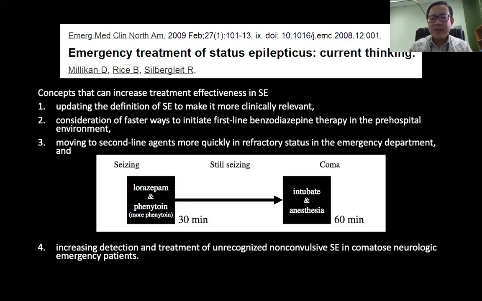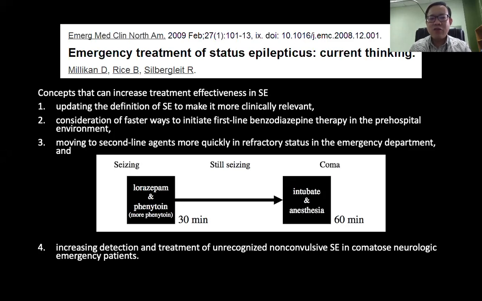So what it means is that when a patient comes in with status epilepticus, you give diazepam and at the same time quickly prepare phenytoin and give phenytoin at the same time. As I said just now, phenytoin takes about 20 to 30 minutes to complete the infusion. So by 30 minutes, you will have already completed your first and second line, even though you are using phenytoin.